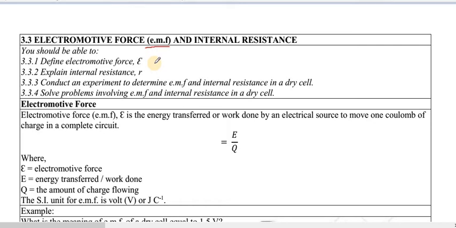You can just write E.M.F. I repeat, E dot M dot F. If you write EMF, wrong. It must be E dot M dot F. Must have the dot. Understand? No dot, wrong. Okay?